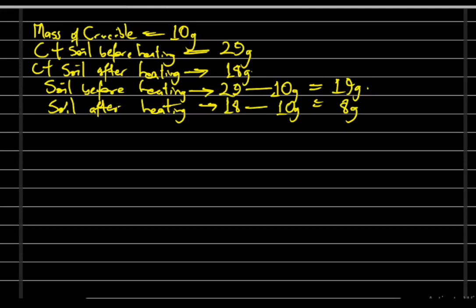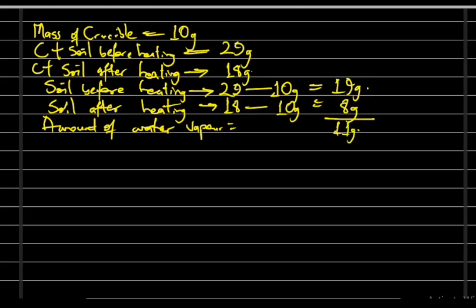Water has been removed in the process of heating the soil. Evaporation took place, so we have the difference to be the amount of water vapor, equals 19 grams minus 8 grams, so we have it to be 11 grams.